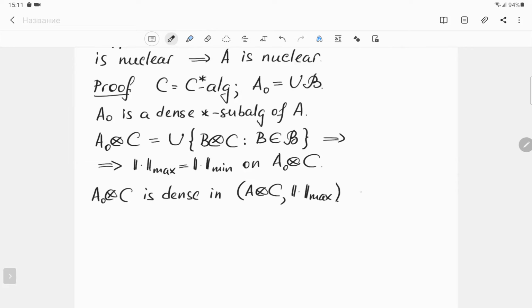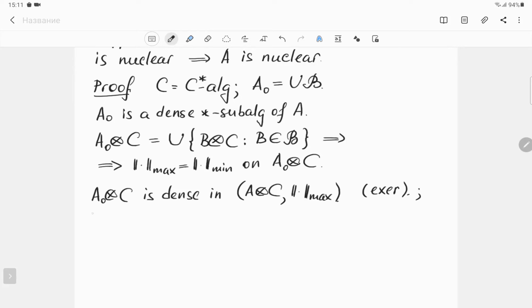In fact, this is a little exercise for you to prove the density. Basically, this follows from the fact that A0 is dense in A, and from the fact that the maximal C-star norm is a cross norm. So the norm of each elementary tensor is the product of the norms. Okay, so it is dense.